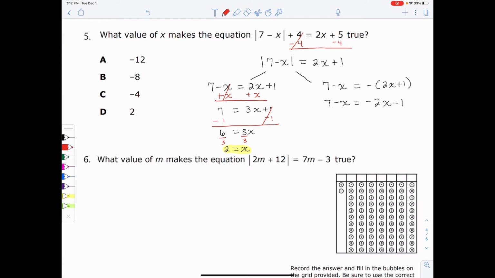I'm going to add 2x on both sides. So that would leave me 7 plus x equals -1. And finally subtract 7 on both sides. So x equals -8.